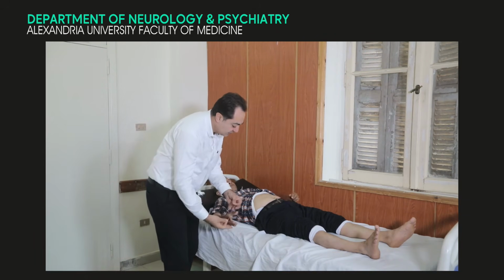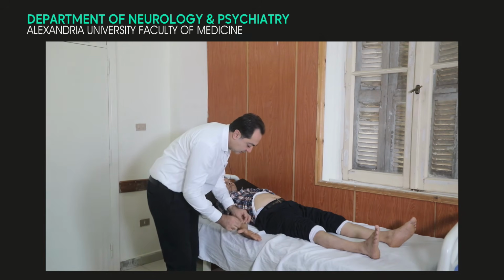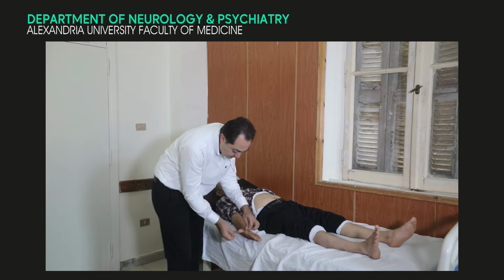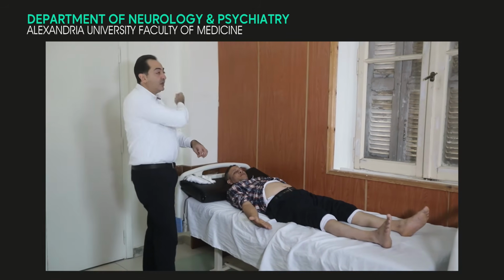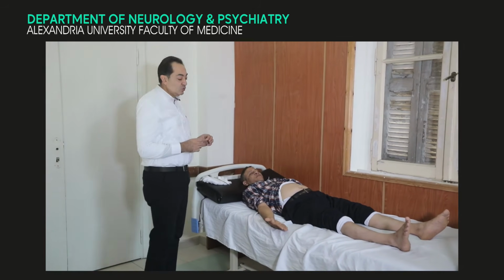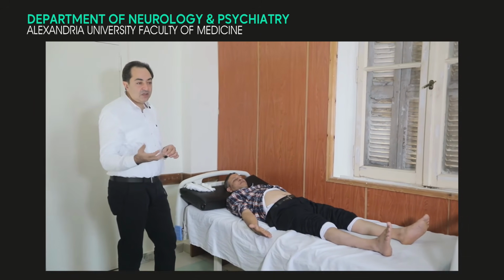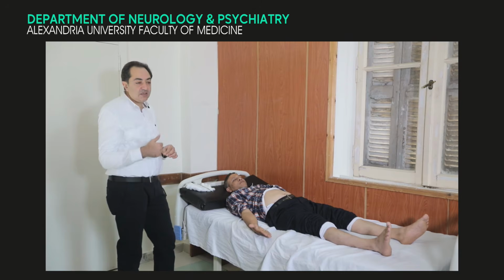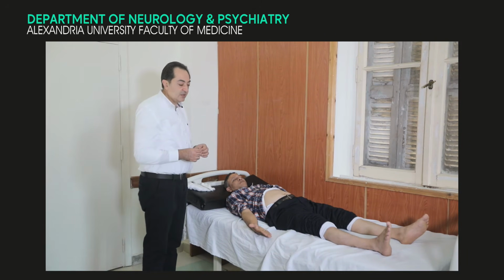But here in the hand, stretch your hand. Two. He can feel 2 pin pricks because the hand has very large areas in the cortical representation.